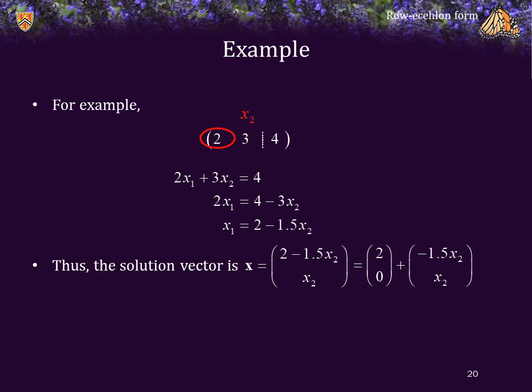Consequently, the second vector is all scalar multiples of the vector negative 1.5, 1. So, all solutions to the system of one linear equation in 2 unknowns, 2x1 plus 3x2 is equal to 4, are all vectors of the form 2, 0 plus all scalar multiples of the vector negative 1.5, 1.